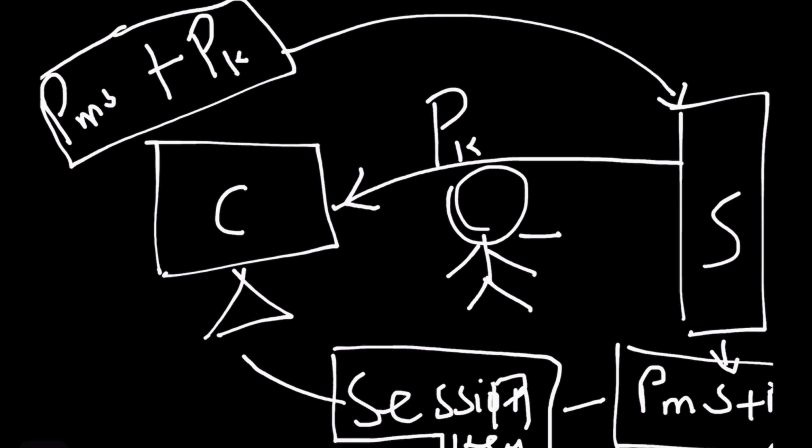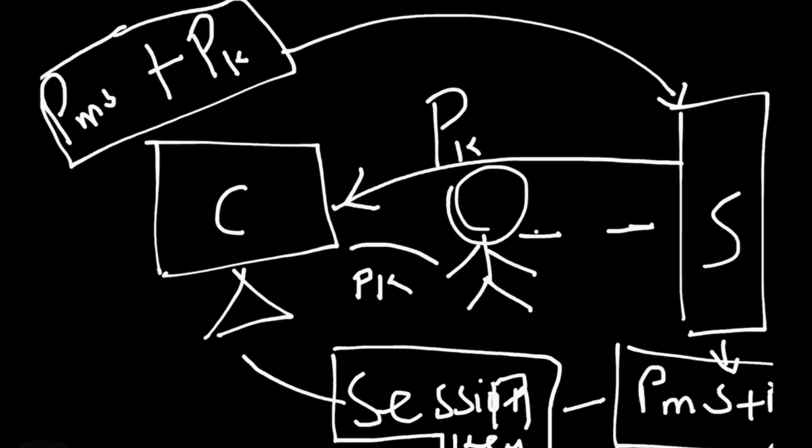So instead of receiving a public key from the server, you actually receive a public key from the attacker, the man in the middle. The hacker will come in between you and the server.